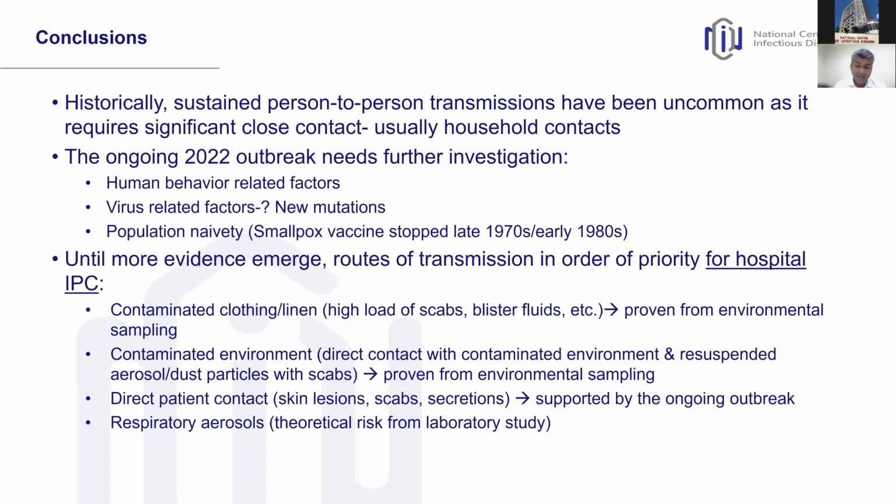Contaminated environment, direct contact with contaminated environment, and resuspended aerosol dust particles with scabs from environmental sampling. Direct patient contact is very well proven, so we need PPE to cover that: gown and gloves. And respiratory aerosols seem to have a theoretical risk from laboratory studies, because there's a respiratory phase to the virus, and from animal studies.